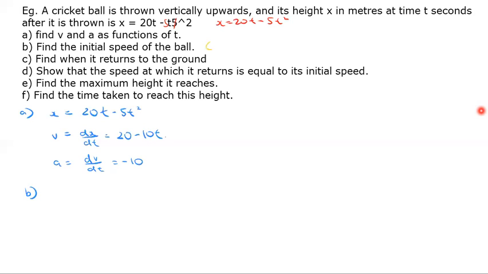You are asked to find the initial speed of the ball. Can you translate that into mathematical terms for me? Find what? Find the initial speed. True. You want to find the initial speed. So are we looking for displacement, velocity, or acceleration, or none of them?